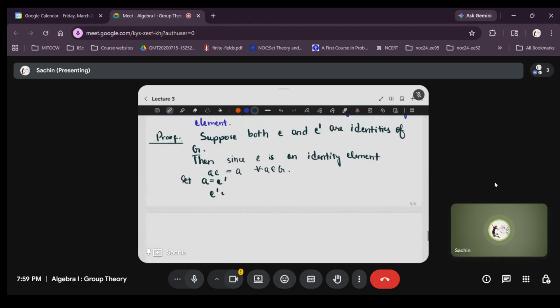Now e prime e is equal to e prime. (1) Also, e prime is an identity element.